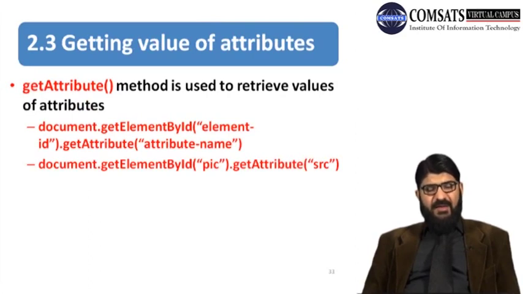Now the next is the getAttribute method. The getAttribute method is used to retrieve values of attributes. How to use it? Write document.getElementById and then mention the element ID, and then mention the getAttribute method with the attribute name in the brackets.